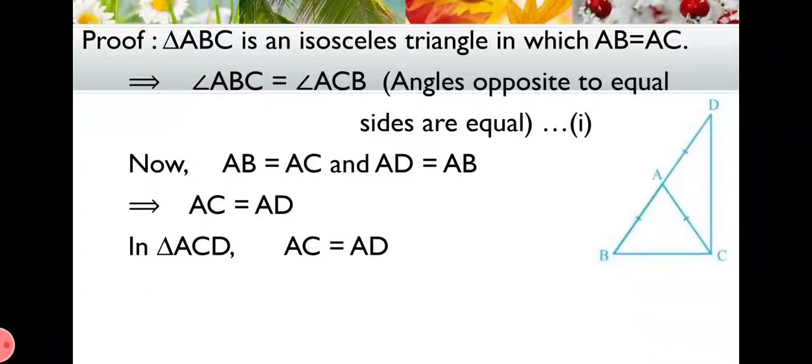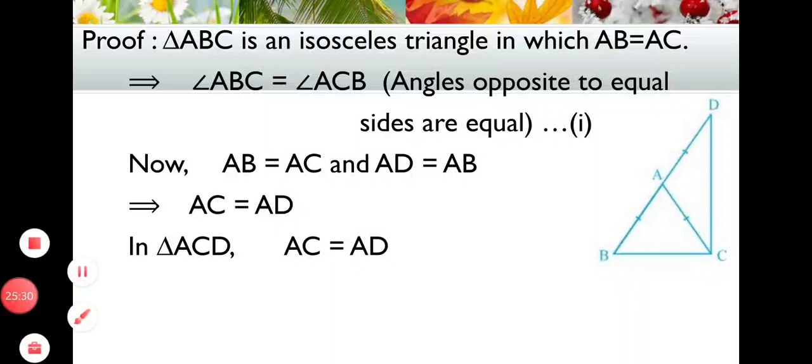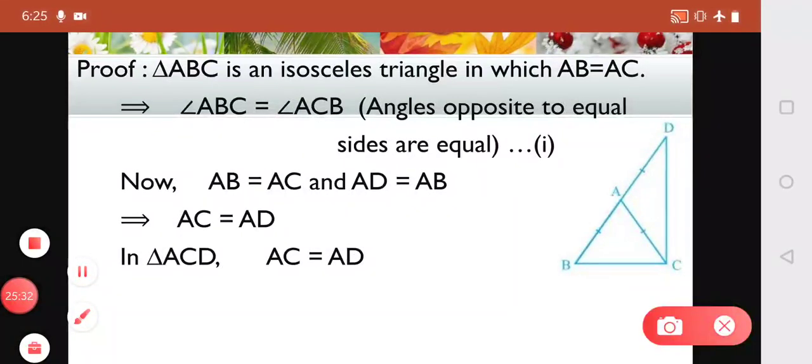Now further it is given that AB is also equal to AC and AD is also equal, so all the three are equal, so we can select any two as equal. So we have selected AC equal to AD.